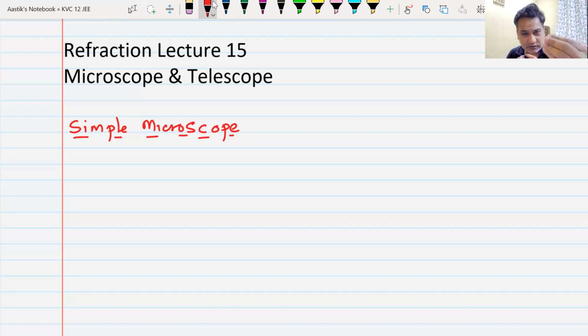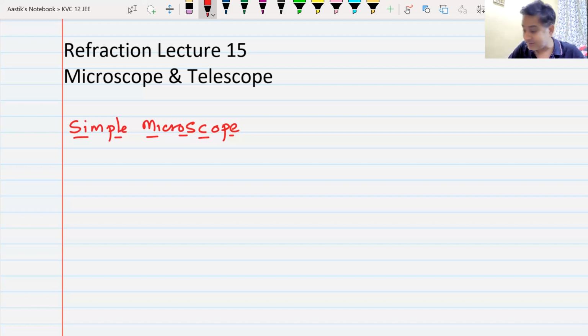It can help us see smaller things bigger if that smaller thing is placed between what? Placed between optical center and the focus.